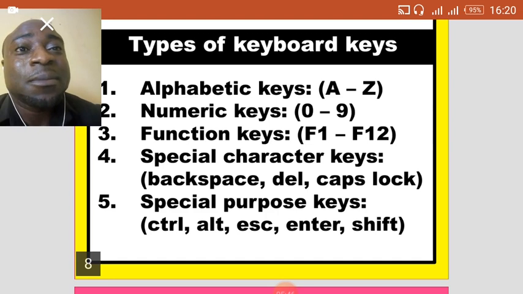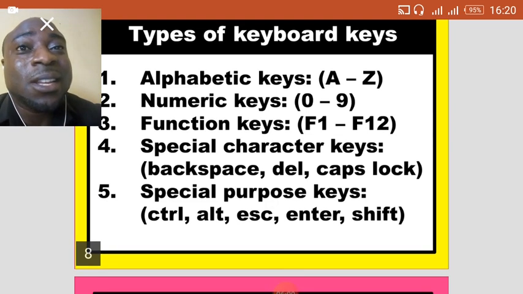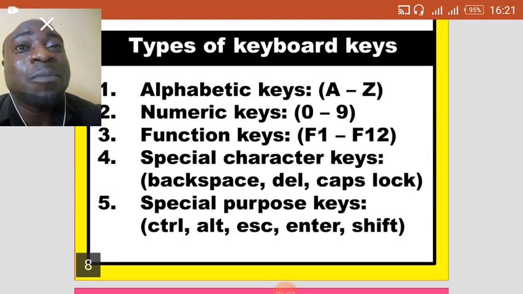The next one, which is the second, is numeric keys, which is 0 to 9. The 0 to 9 can be used on the computer keyboard to form any numbers, even to billions. That is why on a computer keyboard the number keys are from 0 to 9, and you can use them to form any number.